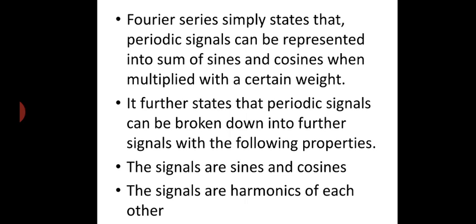It further states that periodic signals can be broken down into further signals with the following properties: the signals are sines and cosines, and the signals are harmonics of each other.